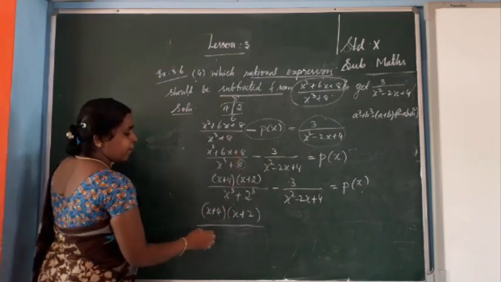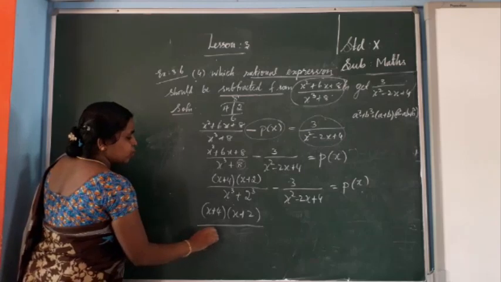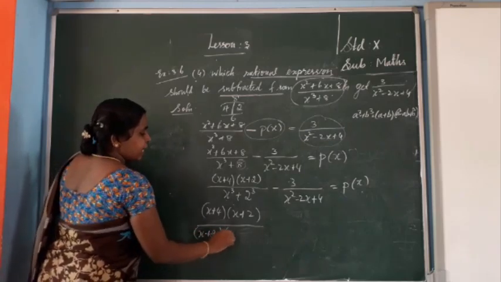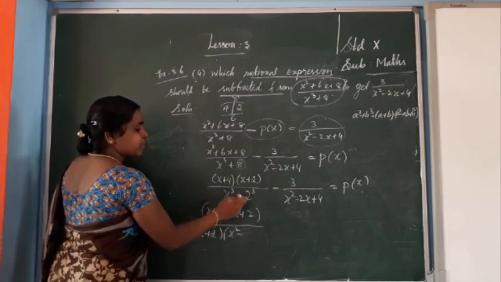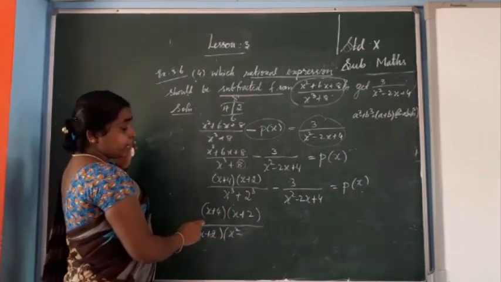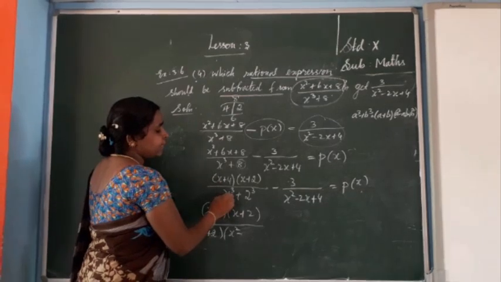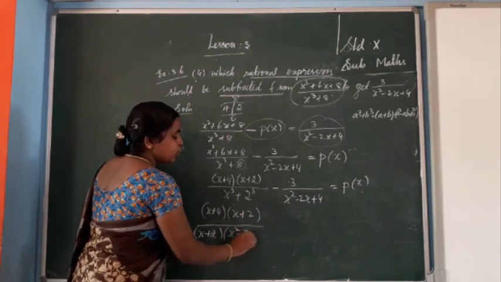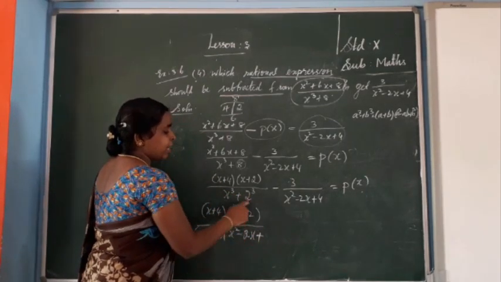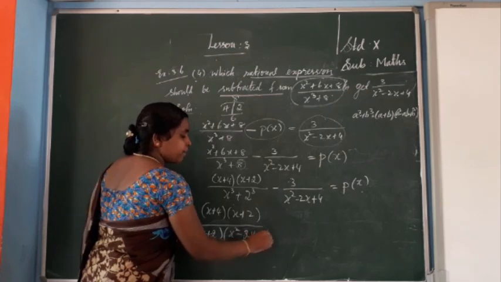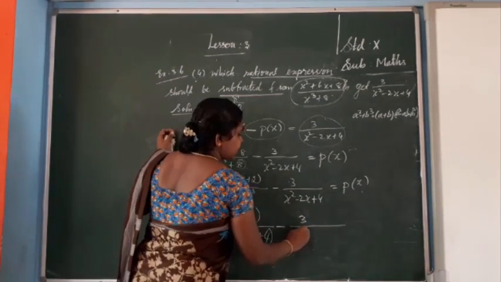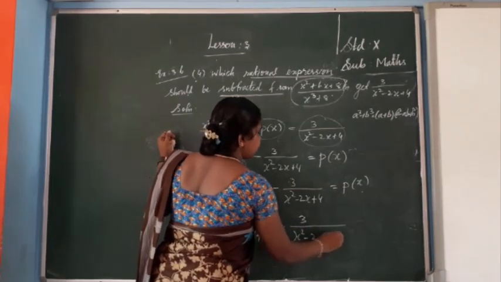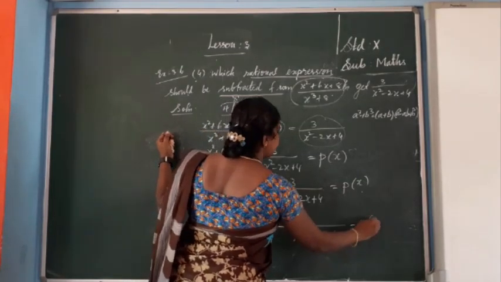Then you use the formula and expand x plus 2 into x square, okay, a square minus ab, minus x into 2, that is 2x, plus b square. B square is 2 square, 2 square means 4. Minus 3 by x square minus 2x plus 4 equal to p of x.